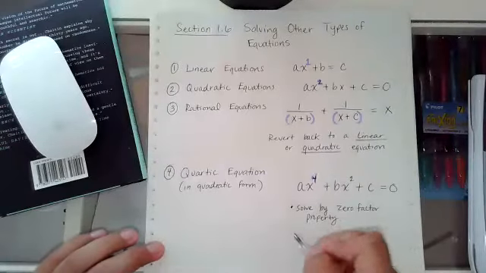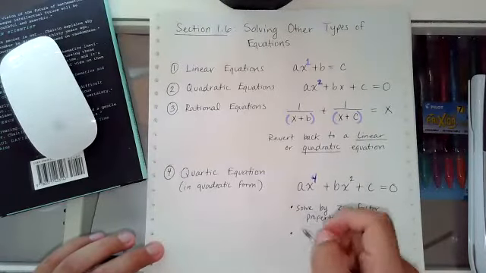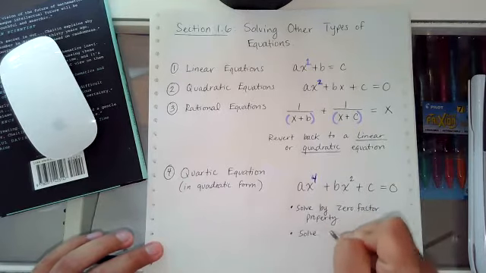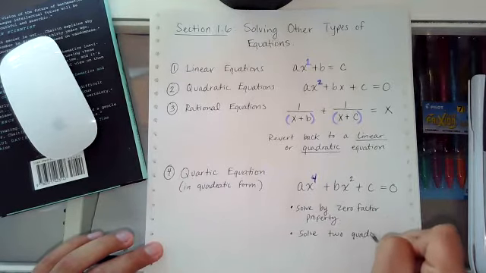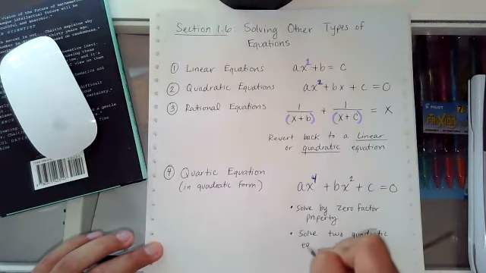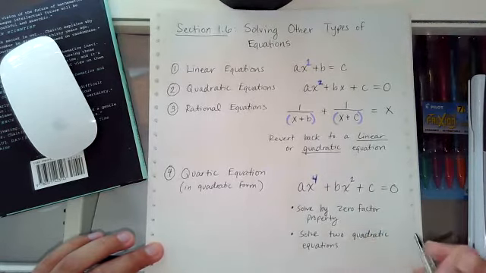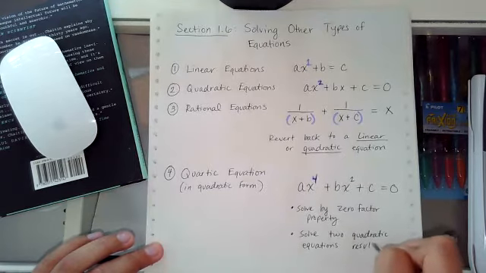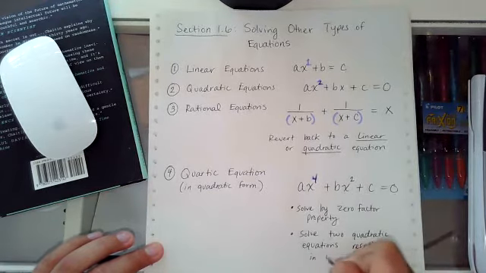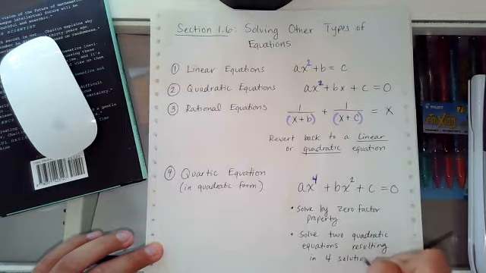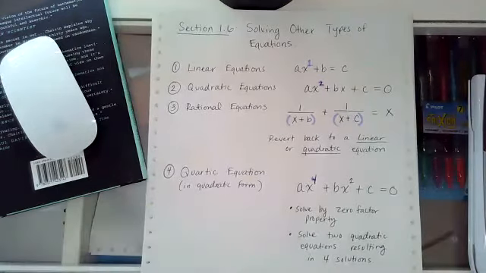But here, at the end of this, you will have to solve 2 quadratic equations, which resulted in 4 solutions. So we covered rational equations and quartic equations on Wednesday.